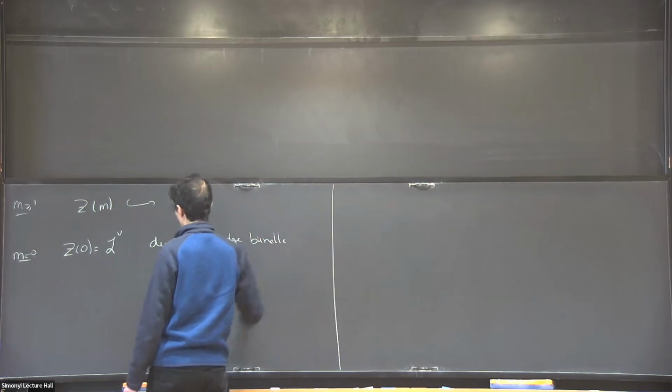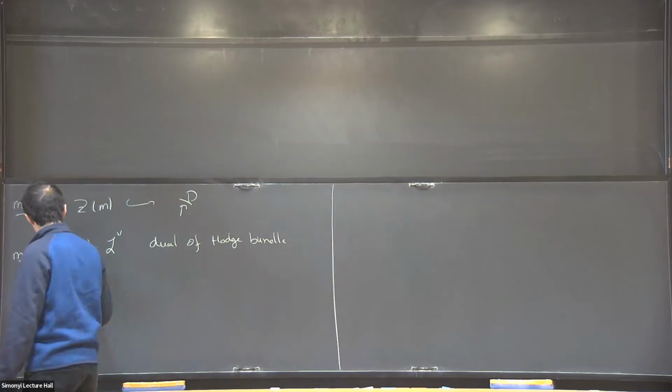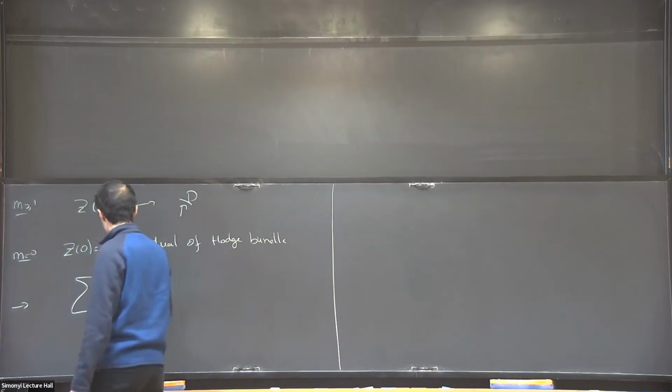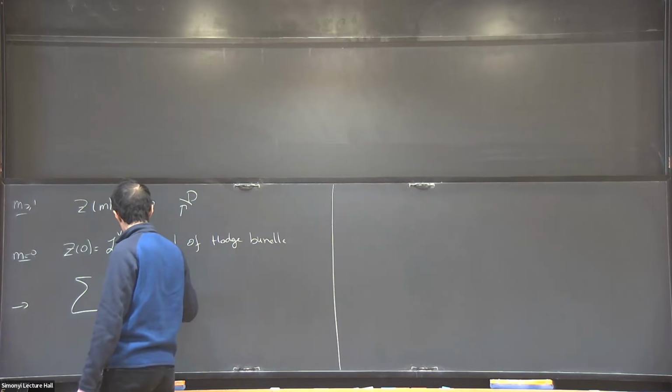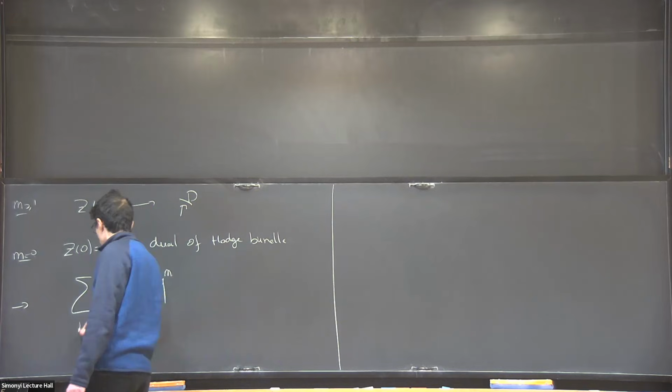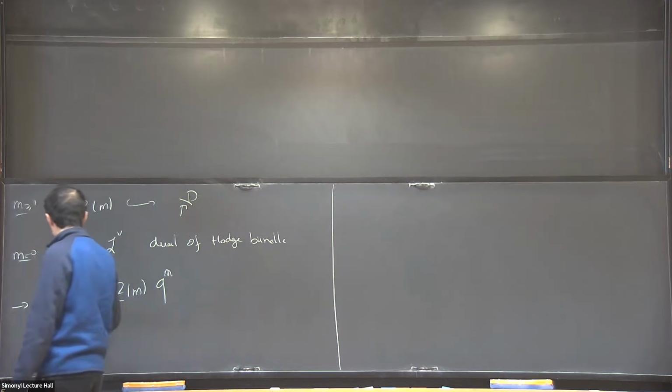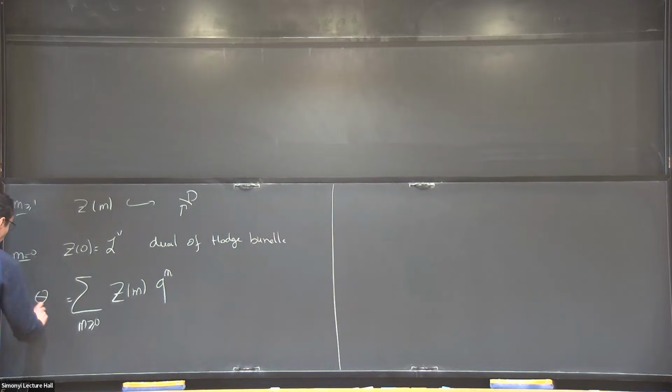And so the upshot here is that we can do the following generating series, which takes into account all the Z(m)s together, due to the power term, sum over all m at least 0. And let's call this the theta series of L.